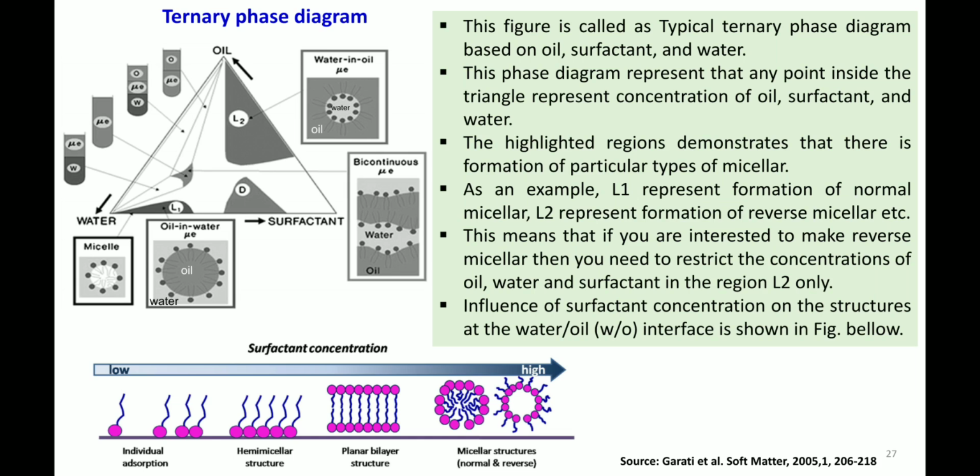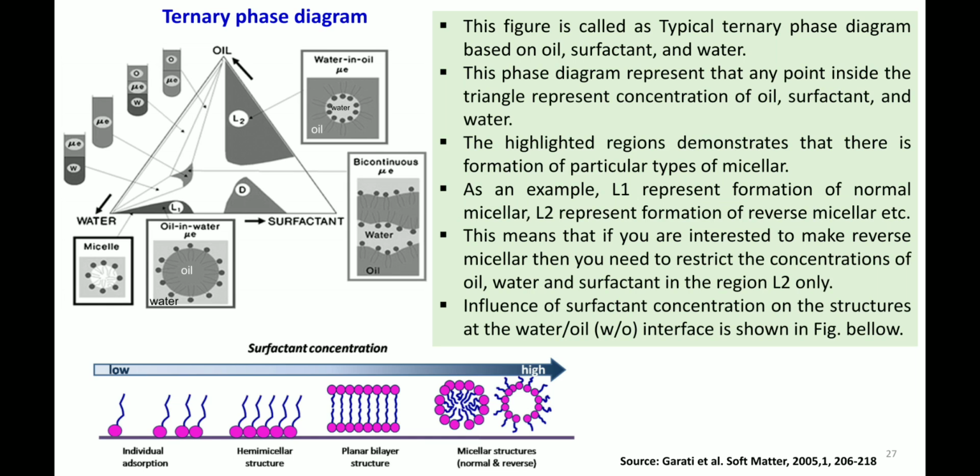Basically, here you are controlling all three concentrations of oil, water and surfactant, and you are trying to find special regions where you will find formation of different types of micelle. You can see one more region in the center between L1 and L2, where in that gray region there is a formation of bicontinuous micelle.